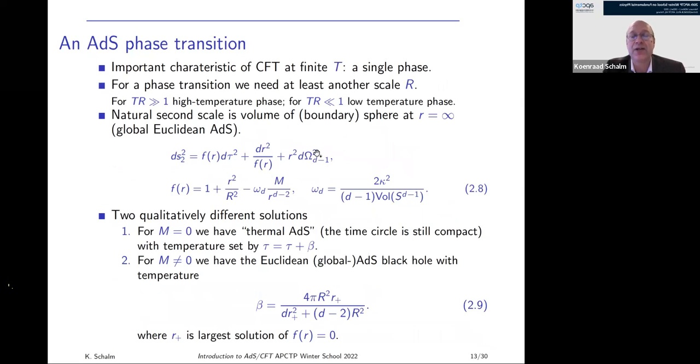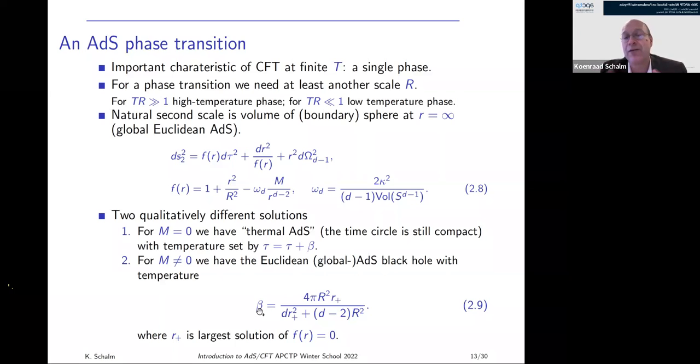So this is just the metric of global AdS, where the only thing I've done is made tau Euclidean. And then I can by hand just make it periodic with whatever periodicity I want. So you just choose the temperature directly by choosing the periodicity of spacetime. In the black hole, you also choose the temperature, but that's by tuning the mass of the black hole, which sets the horizon radius, which in turn sets the temperature.